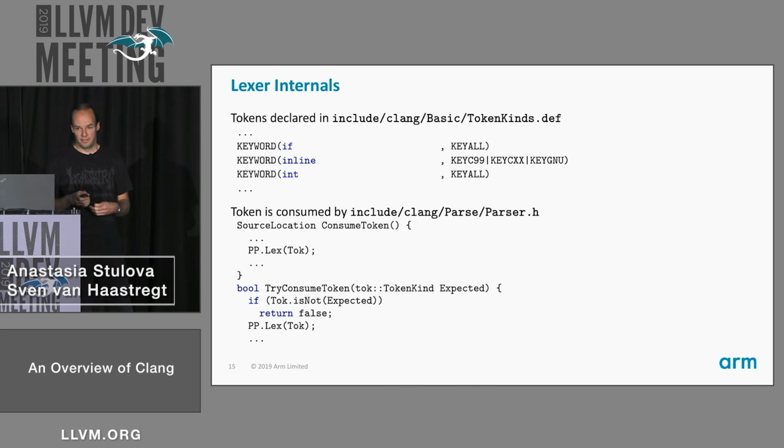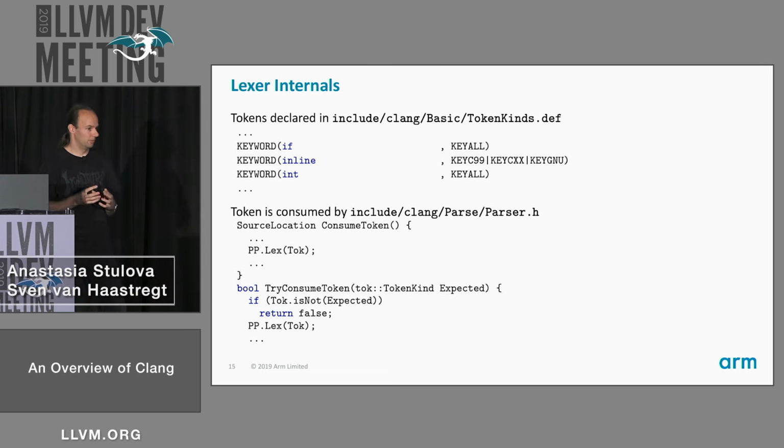The parser is the main consumer of what the lexer does, and there's a close interaction between the two while you're taking your C program through. So we've got this function ConsumeToken inside the parser, for example. At some point it will call lex, which means really consume this token and advance to the next token.